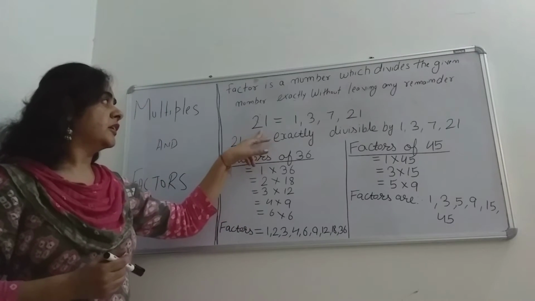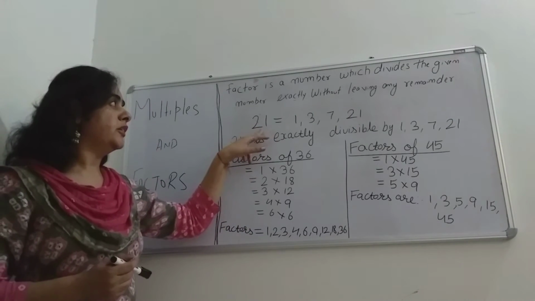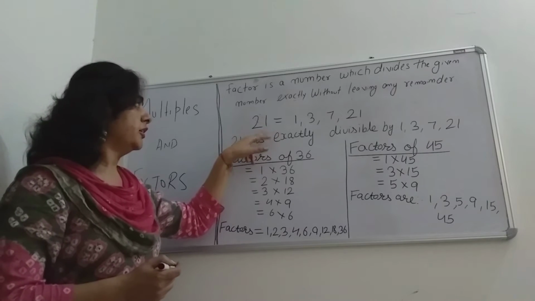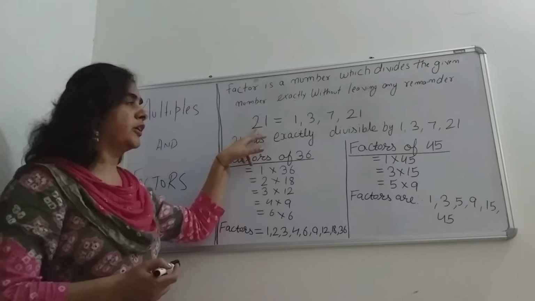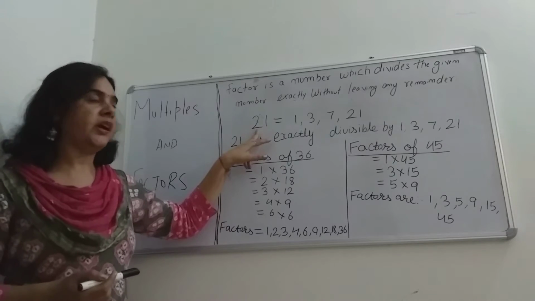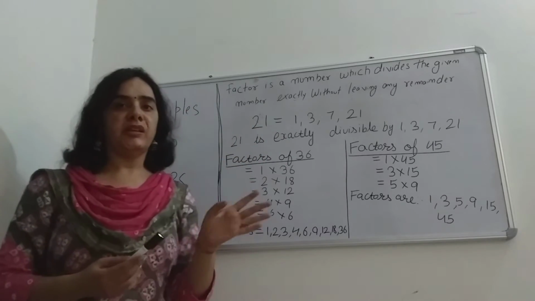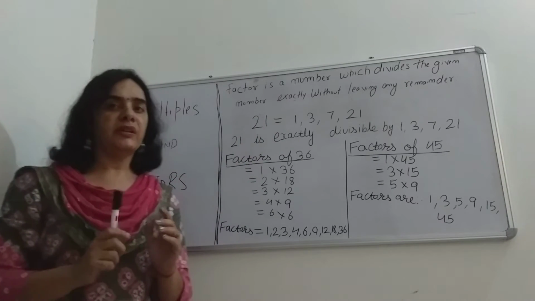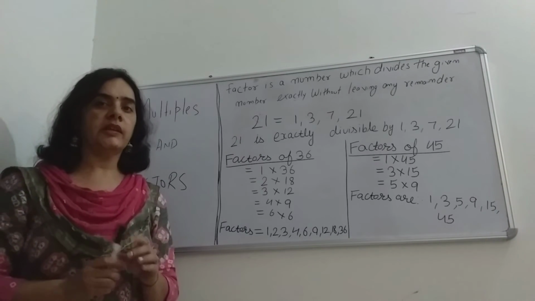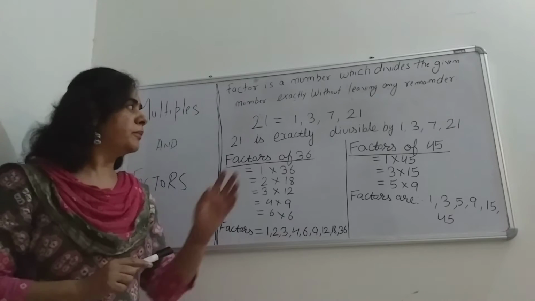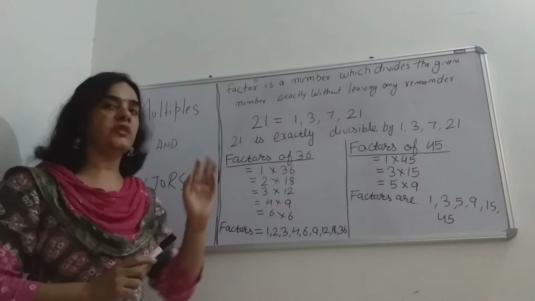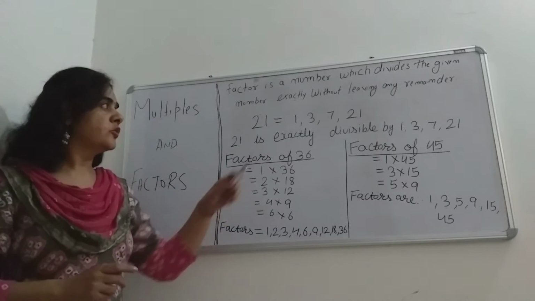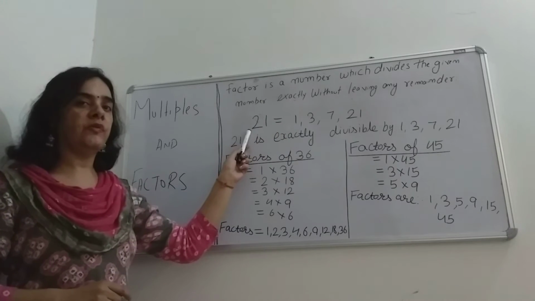So we can say that 2 is not a factor of 21. 2 जो है वो 21 का फैक्टर नहीं है, बिकॉज 21 को अगर आप 2 से डिवाइड करते हो तो रिमाइंडर 0 नहीं आता. फैक्टर की क्या कंडीशन है कि वो जो नंबर है कम्प्लीटली डिविजिबल होना चाहिए और रिमाइंडर 0 होना चाहिए. सो 2 इज नॉट ए फैक्टर ऑफ 21.